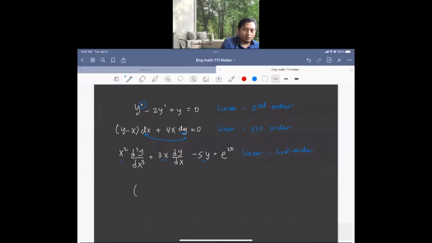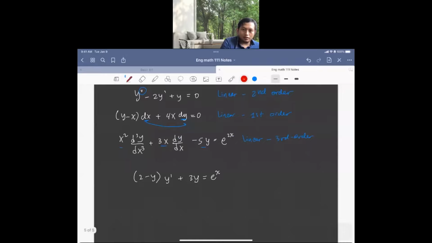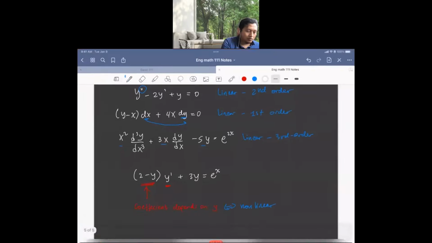But if we see, for example, 2 minus y times y prime plus 3y equals e to the x, these terms here, and we have another y here. Because the coefficient depends on the dependent variable y, the conclusion here is that this is nonlinear.